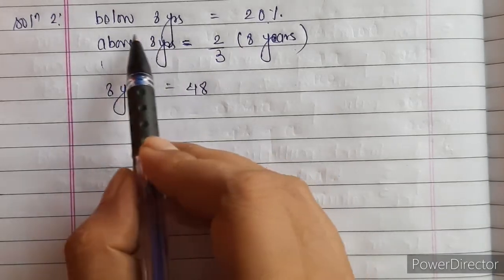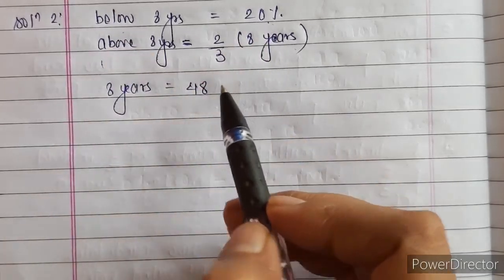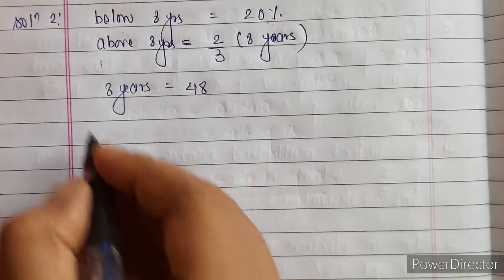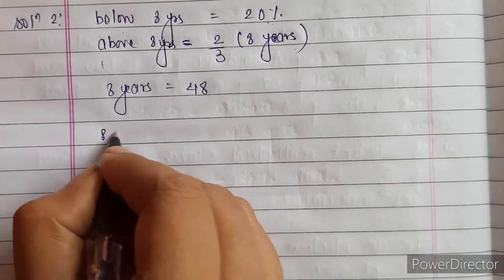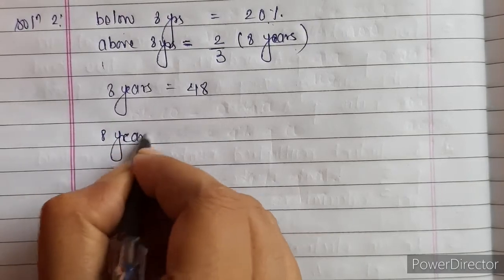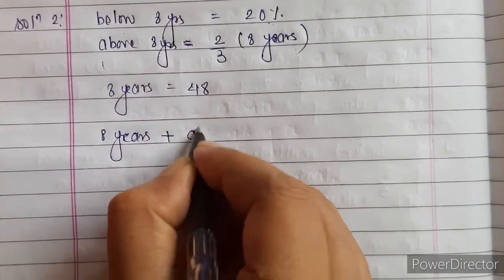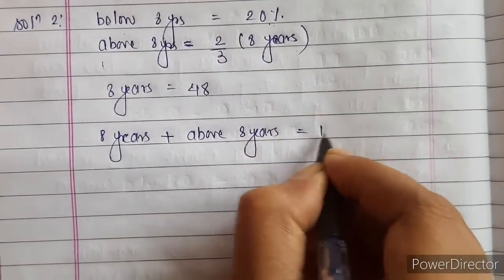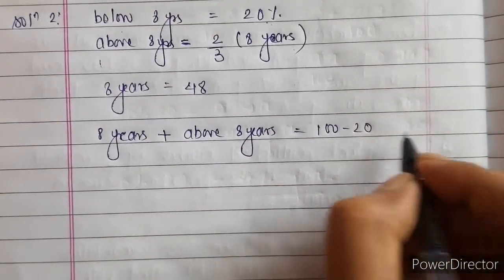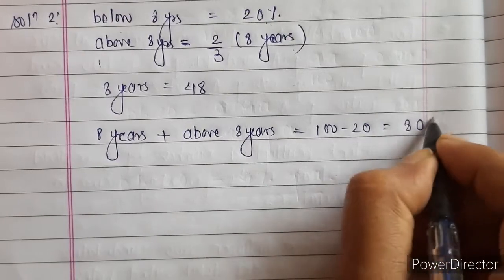Now we know that there are 20% of students who are below 8 years. Right? So how many students will be of 8 years, and above 8 years? It will be 100 minus 20, which is equal to 80%.